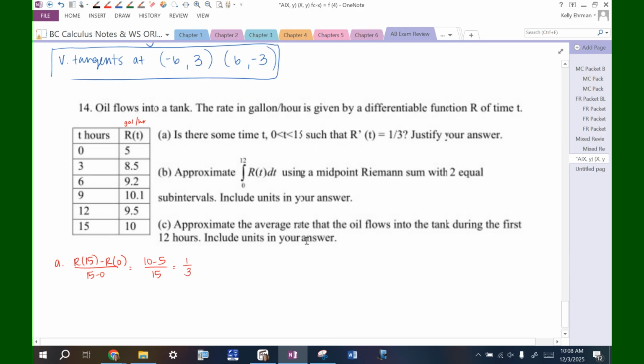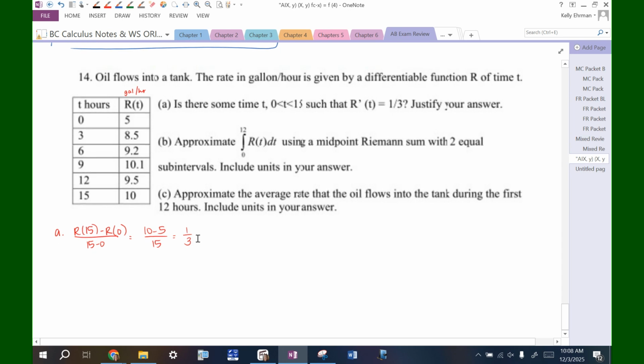Yes. So what do I have to do to say this? Like, yes, the average rate of change is 1/3, and that means there has to be a time here. It's because of mean value theorem. So what we know about this is r is continuous because it's differentiable on this interval, 0 to 15.